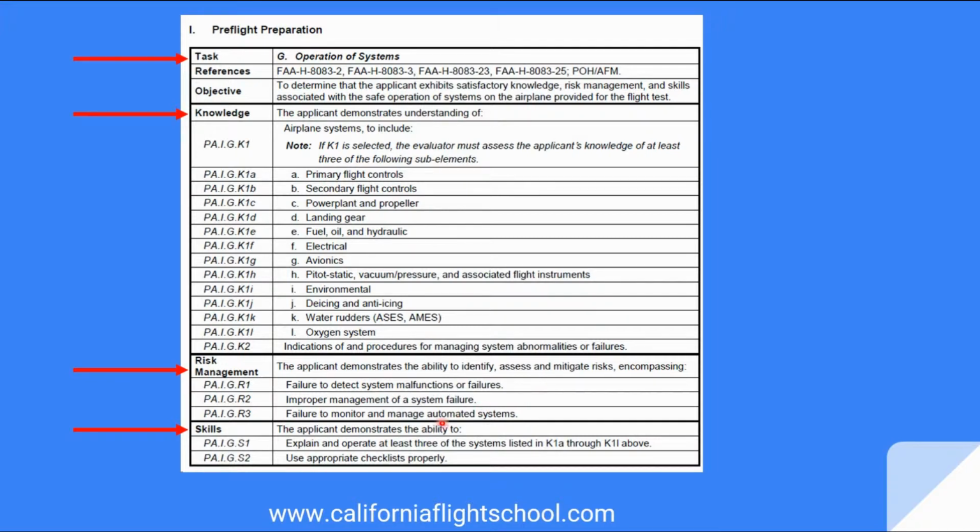In the skills section, you are expected to explain and operate at least 3 of the systems. While some of this will be done during the actual flight, a lot of it will be done during the oral quizzing, including using the appropriate checklists. Again, during the flight, you might be asked to troubleshoot a certain system failure.